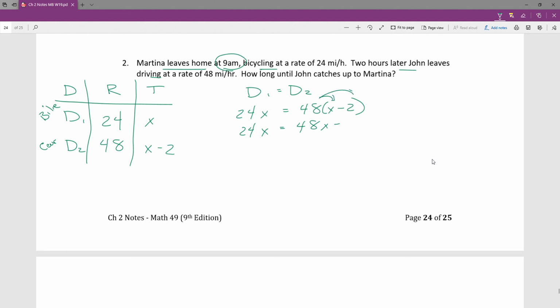Distributive property working through here. We're going to gather up our like terms, subtracting 48x from both sides. Divide by negative 24.